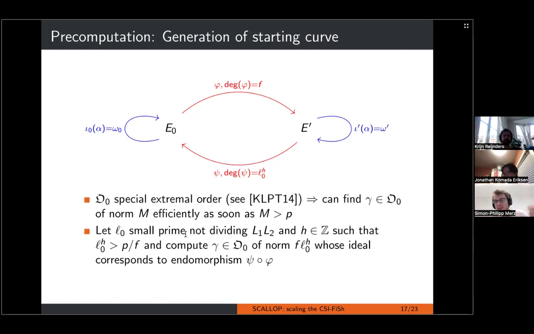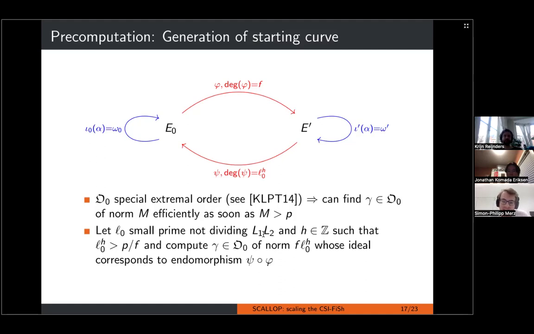But what we can do is choose just another small prime L0 that's co-prime to our endomorphism of degree L1 squared L2. So it has to be co-prime to L1 L2. And we take a small power of this, L0 to the H, such that this power is larger than P over F. Now, what does that mean?